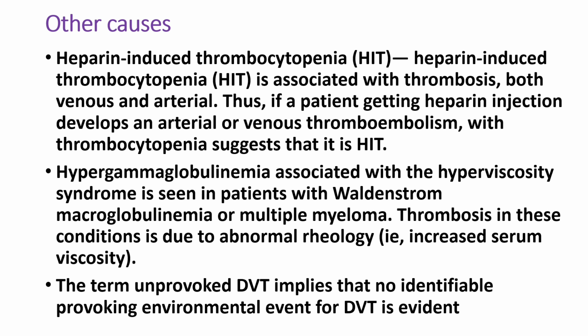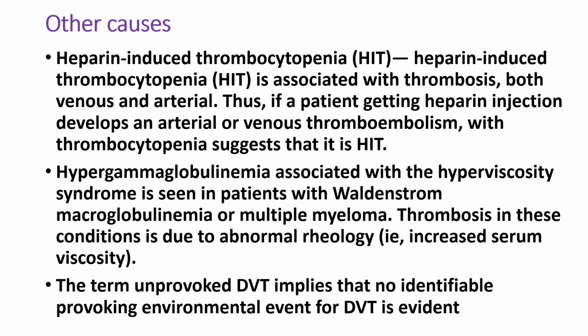Another cause for venous thrombosis, not very common but important, is heparin induced thrombocytopenia or HIT. It is very common with conventional heparin therapy, not with low molecular weight heparin, but rarely it can be associated with low molecular weight heparin also.